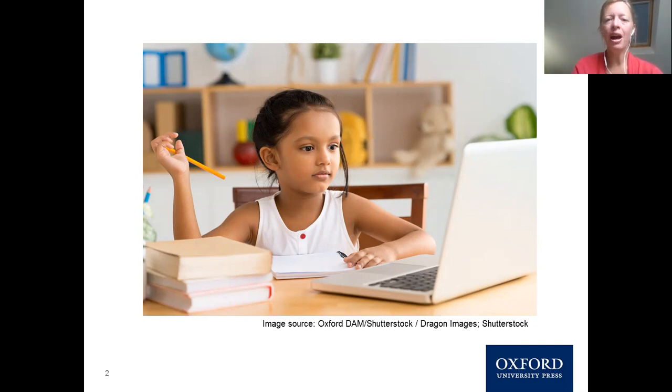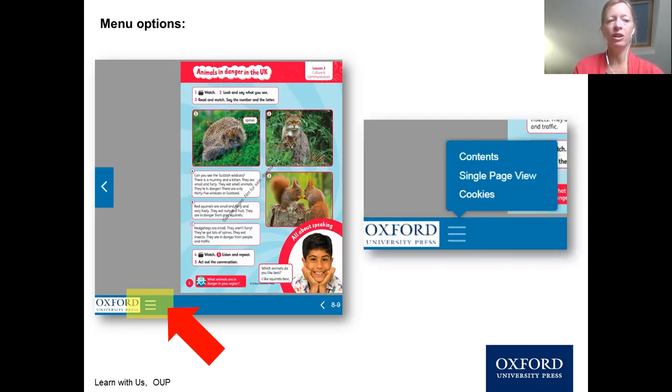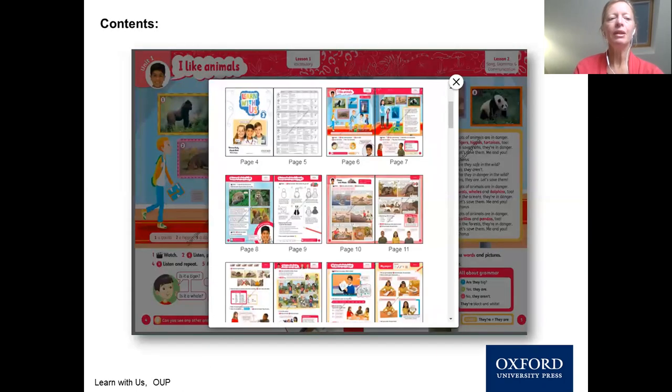So let's start by exploring functionality. There is a menu box in the bottom left corner, and this allows you to do two key things. Let's start with the contents. Clicking on this will bring up all the pages in the flipbook.